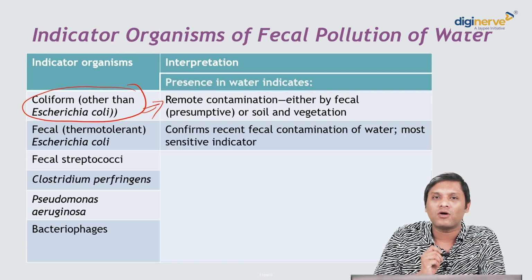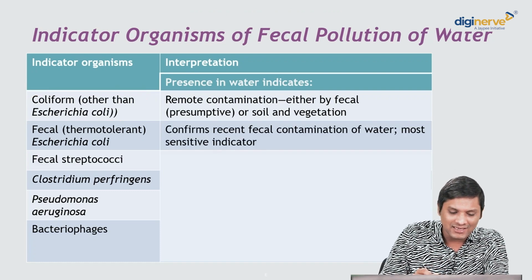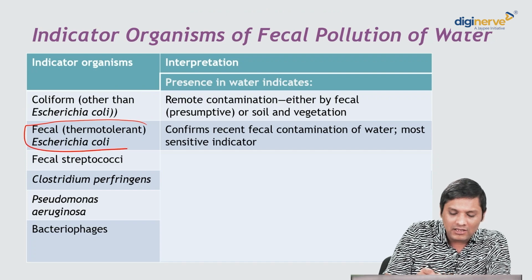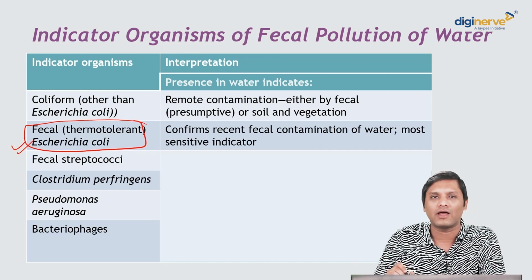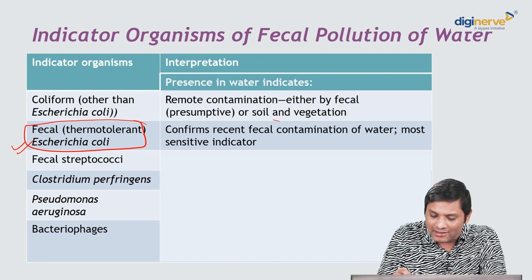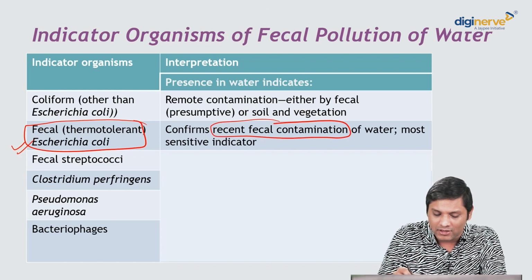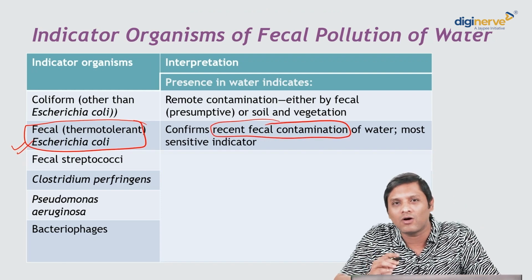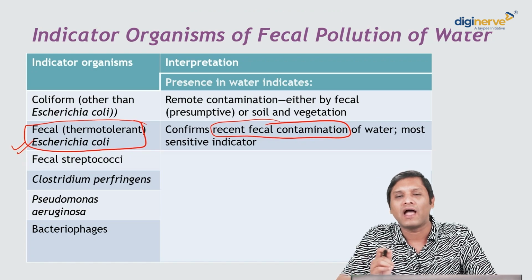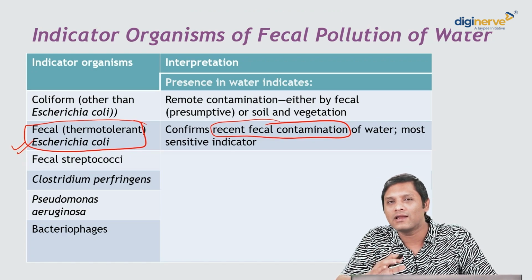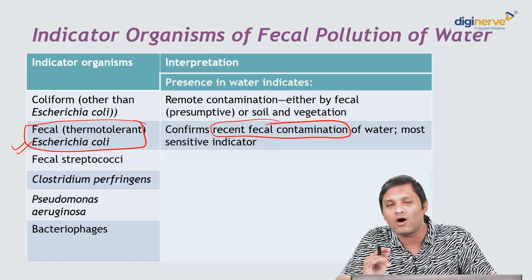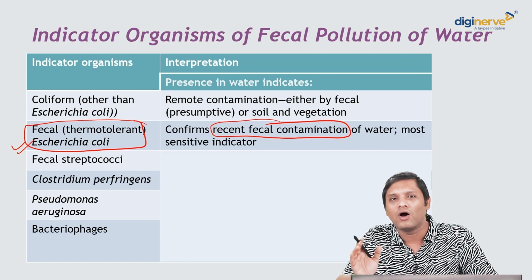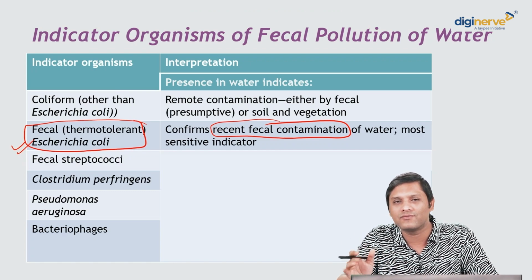However, the next important indicator organism is Escherichia coli, that is fecal thermotolerant Escherichia coli. This indicates recent fecal contamination, because even fecal E. coli will die off in some time, and therefore fecal E. coli cannot be present a long time after water contamination with the feces.